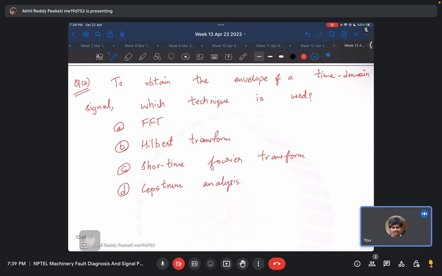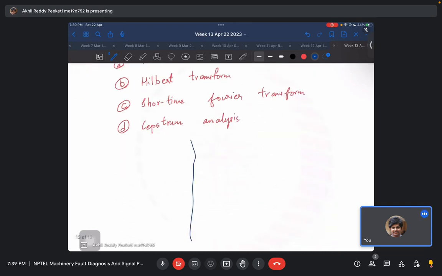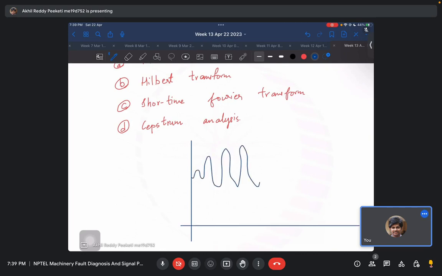Which will give us the envelope of a time domain signal? Envelope basically means, let's say you have a signal like this. The envelope of the signal would look something like this.